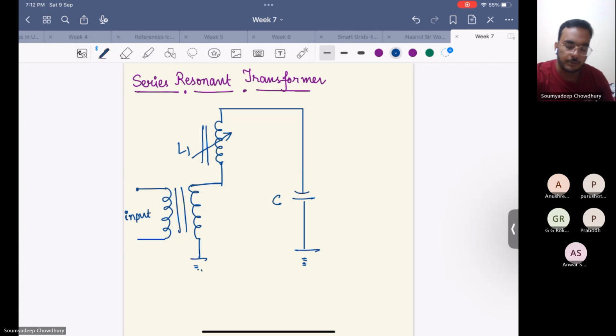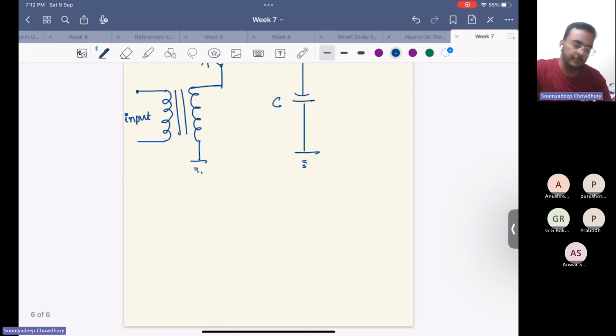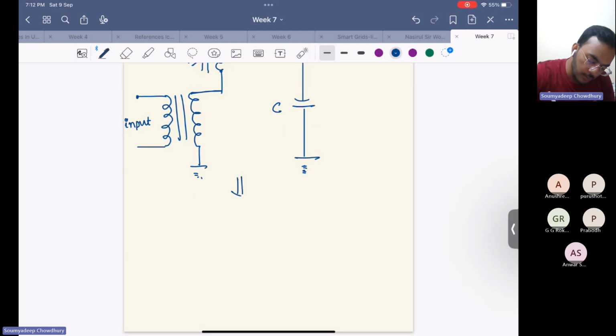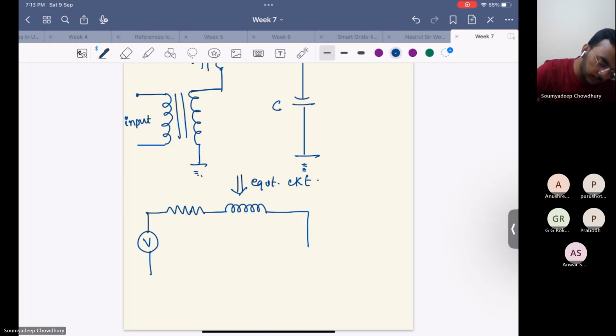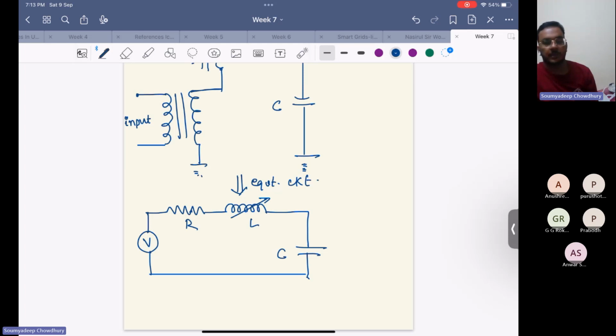So the equivalent circuit, if we simplify this circuit, will look like this: a voltage source, then we'll have the resistance, variable inductance, and the load capacitance. So this is my equivalent circuit.